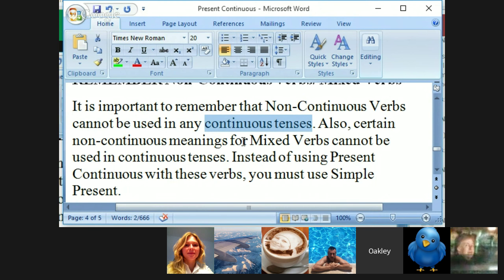I really can't say, I am hating you. Although you will hear this in popular culture, in movies, in advertising, in song lyrics. They do this all the time. Strictly speaking, grammatically, it's just wrong, wrong, wrong.